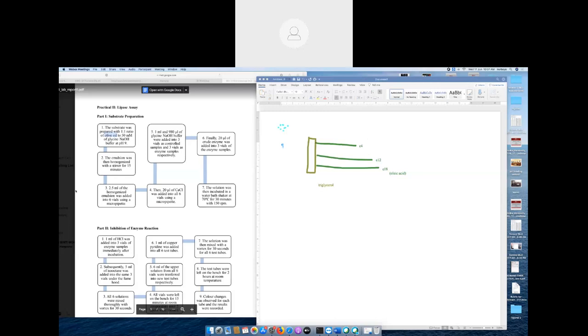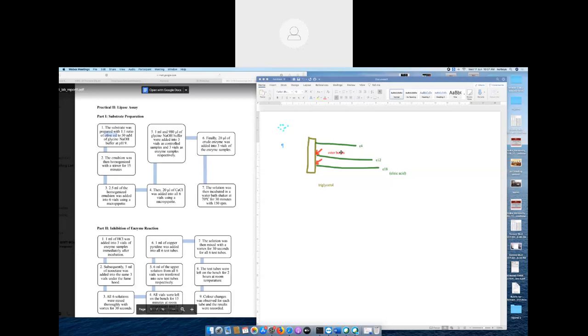Lipase will attack this position. This is where the ester bond is.